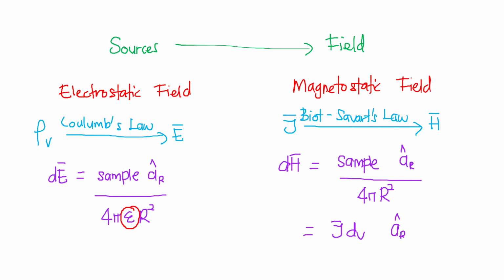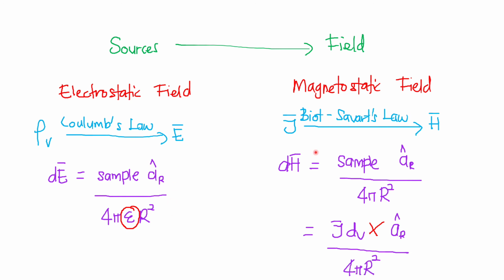We know that this one is a vector and our sample is a vector now, and this is a vector as well, so we need to use cross product, and this will be over 4 pi r square.